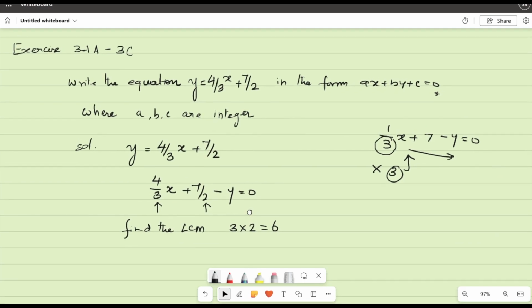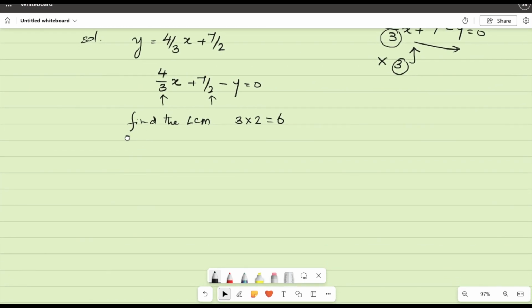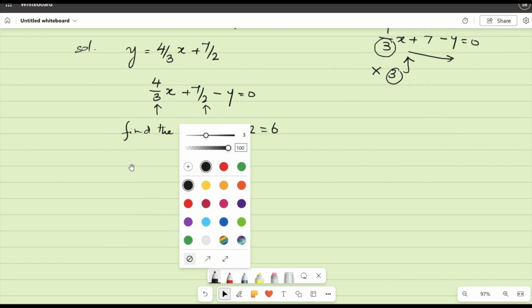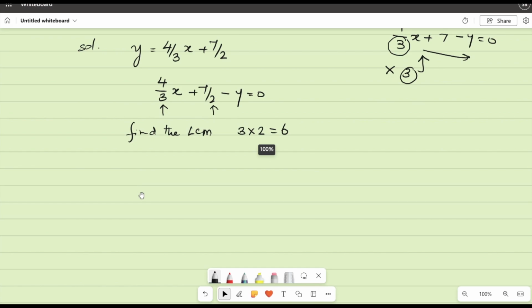After that, we need to multiply the whole equation by 6.